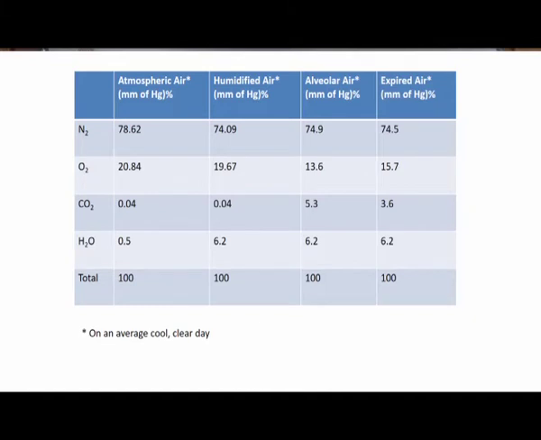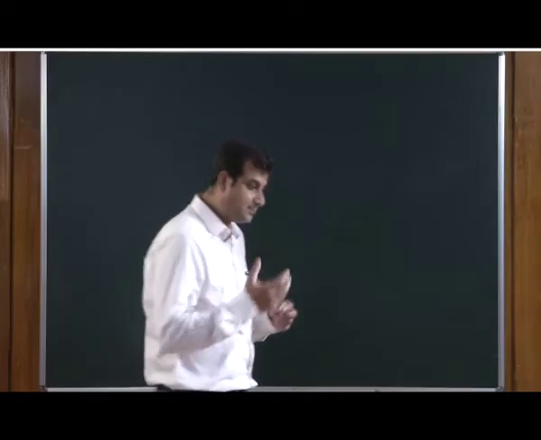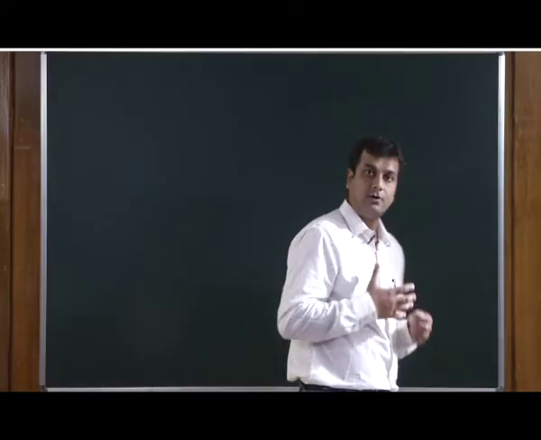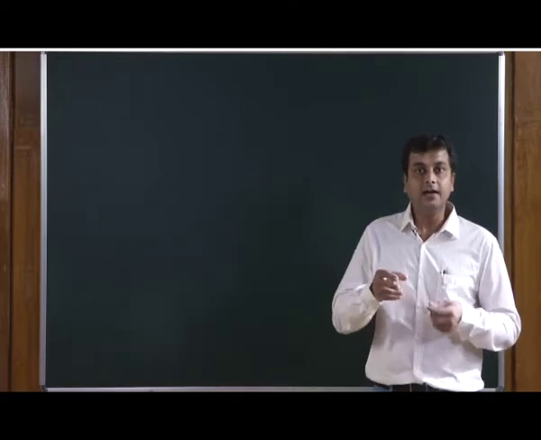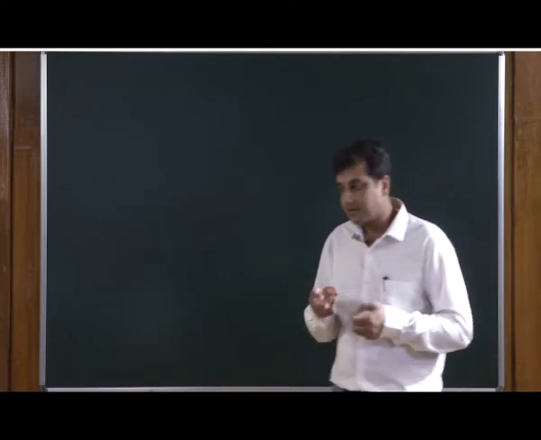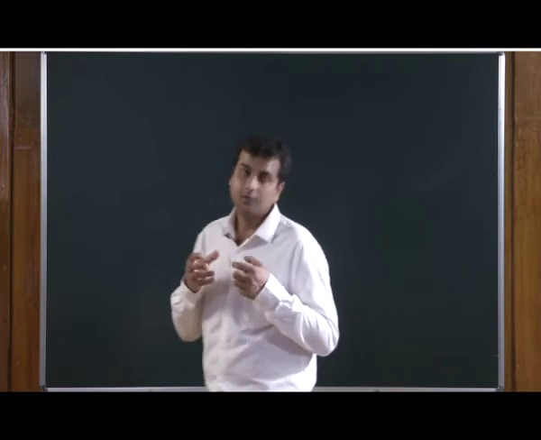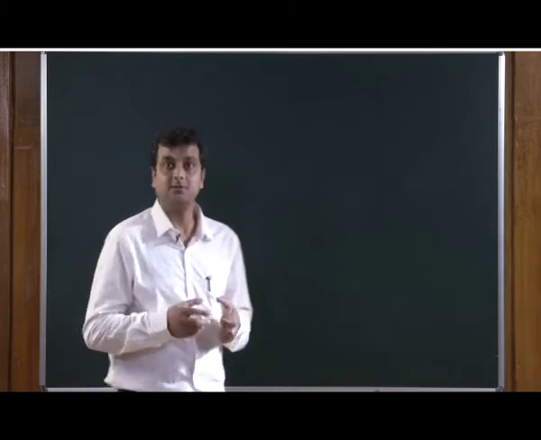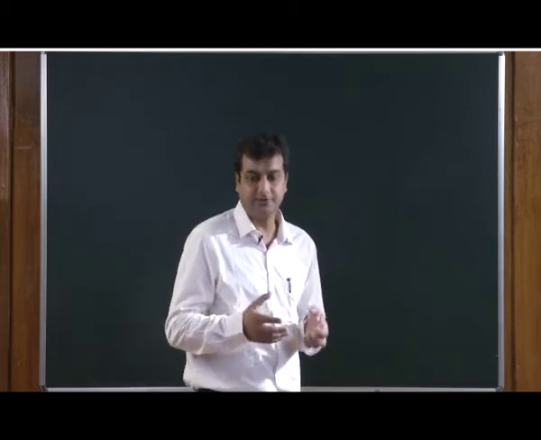If we look at this slide carefully, we will see that atmospheric air has quite different percentages of nitrogen, oxygen, carbon dioxide and water. When somebody inspires air into the respiratory passage, it gets fortified with water molecules, so the whole air is humidified.